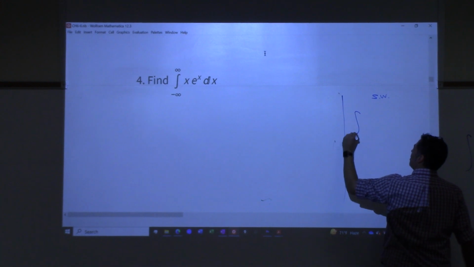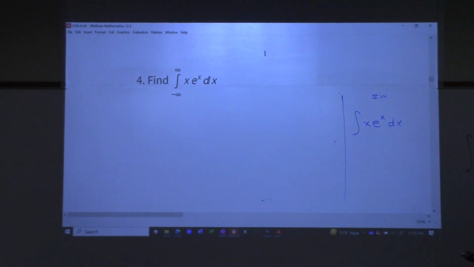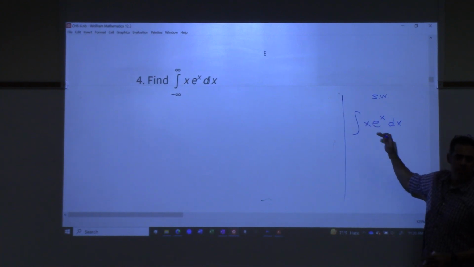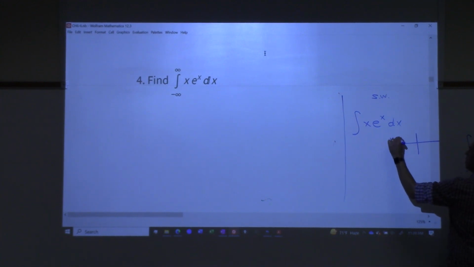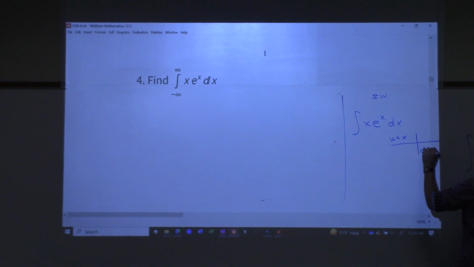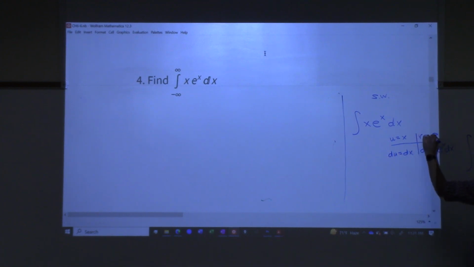I just need to find the antiderivative of x e to the x dx, so I'm going to do an integration by parts. No definite integral, no limits of integration, just our old school find the antiderivative. So I make my table. u is going to be x, dv is going to be e to the x dx. The derivative of u is dx, and the antiderivative of e to the x is itself.